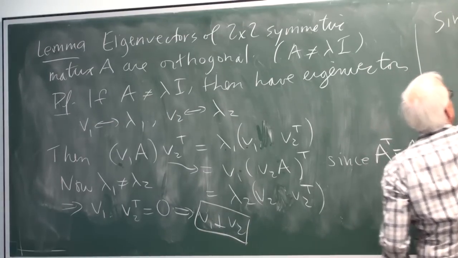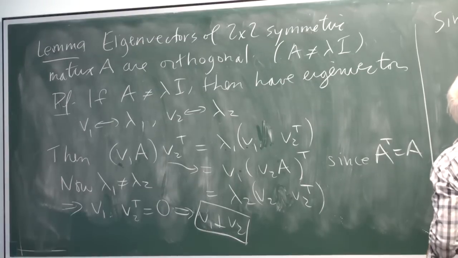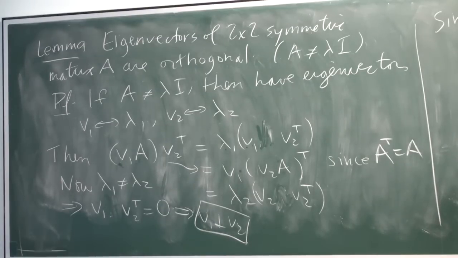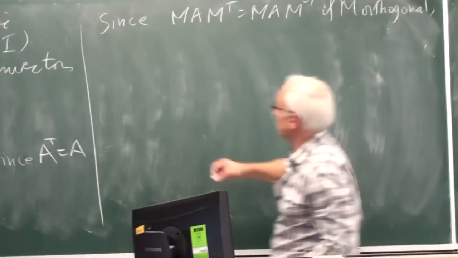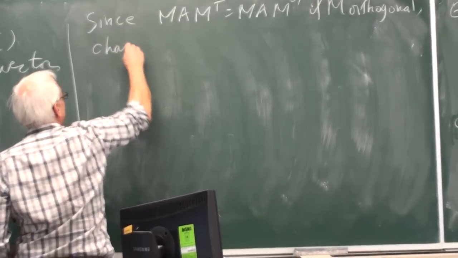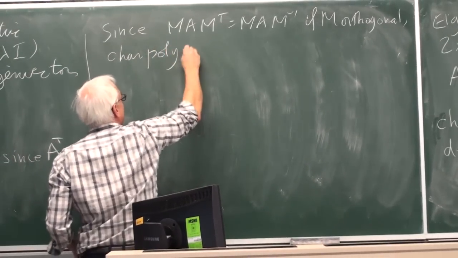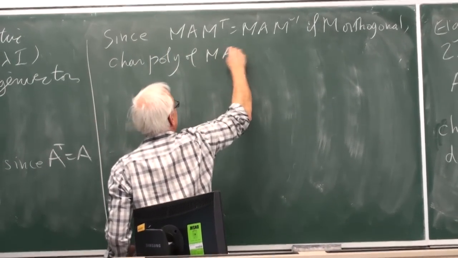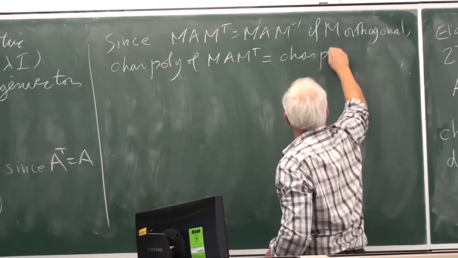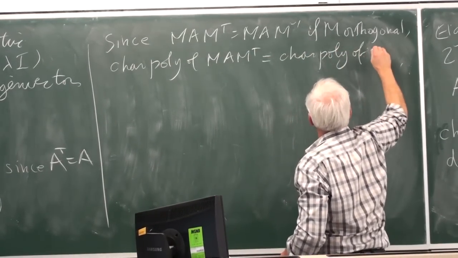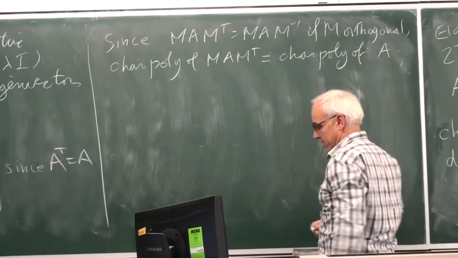So since M transpose equals M inverse if M is orthogonal, the characteristic polynomial of M transpose A M is the same as the characteristic polynomial of simply A.